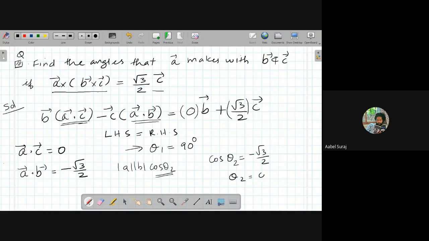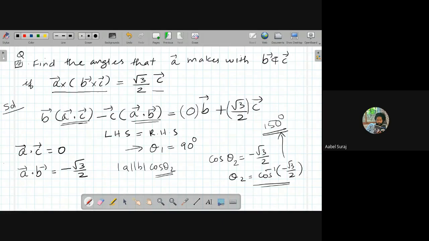It will be cos inverse minus root 3 by 2. What is cos inverse minus root 3 by 2? It is 150 degree.